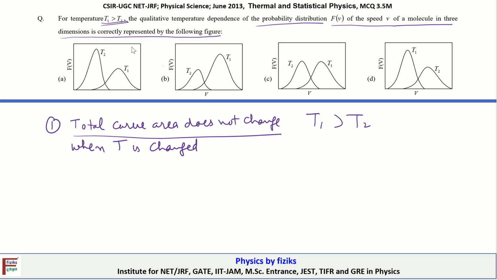So whether you are increasing or decreasing the temperature, the total curve area is not going to change, because curve area is equal to the number of particles in the system.